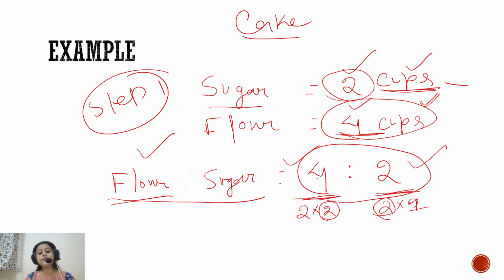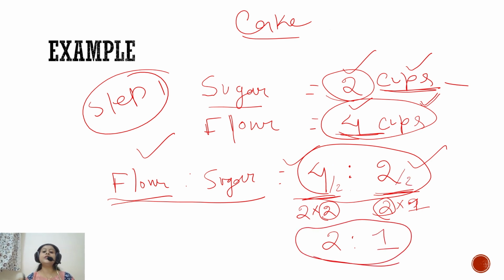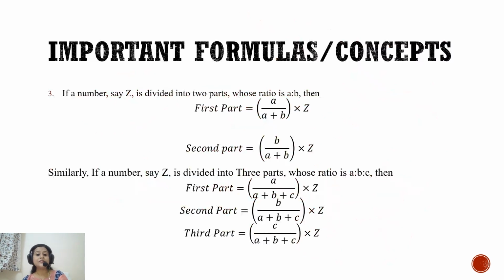If I divide 4 by 2, I will get 2, and if I divide 2 by 2, I will get 1. So this is my final ratio. We will always try to express the ratio in simplest form or lowest terms. So this is how we can calculate a ratio and simplify it.